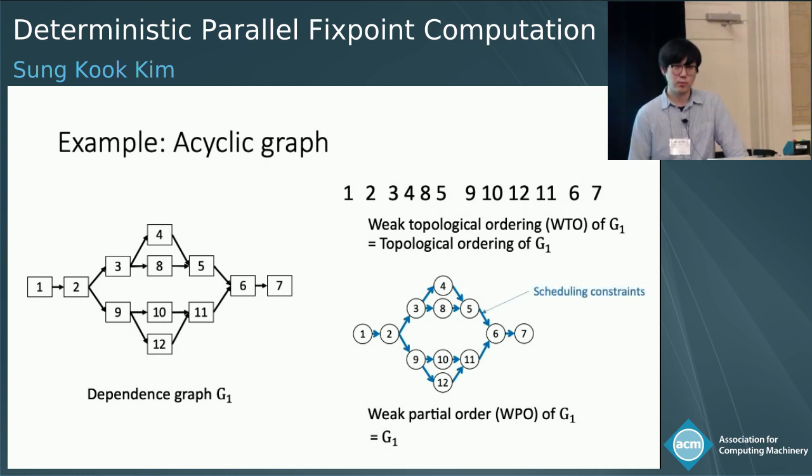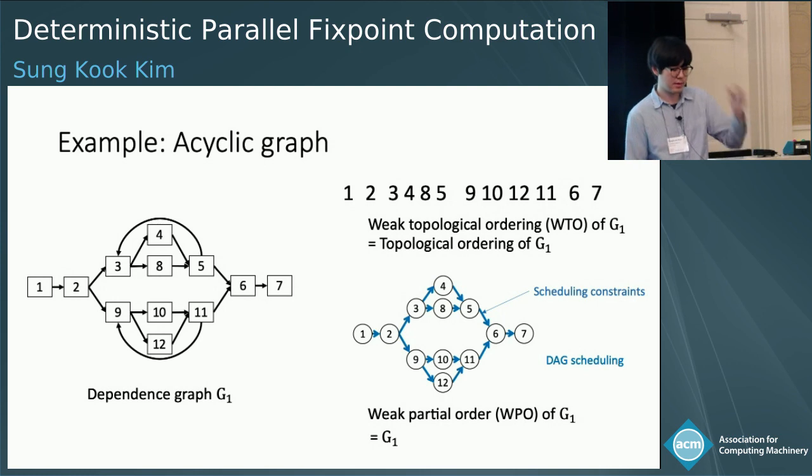These blue edges that we call scheduling constraints are used for scheduling, not the black edges on the left. And all the predecessors in the WPO have to be executed before a node can be scheduled. For the acyclic graph case, this is just the DAG scheduling.